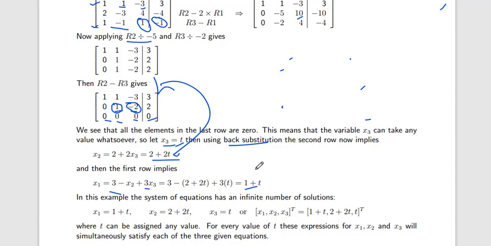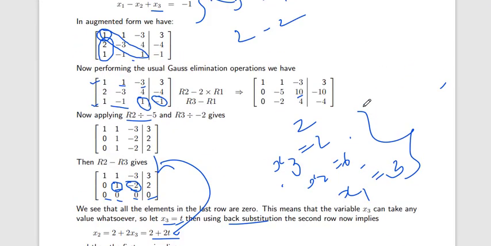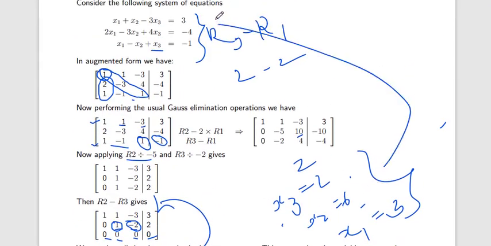So if you take t is equal to 2, then we will get x3 is equal to 2, x2 is equal to 2 plus 2t means 6, and x1 is equal to 1 plus t means 3. This is the solution of this equation.